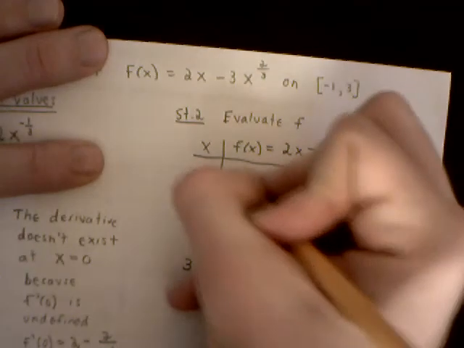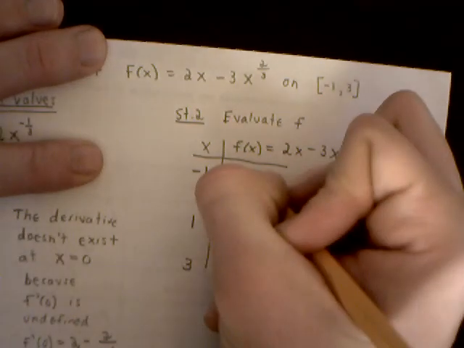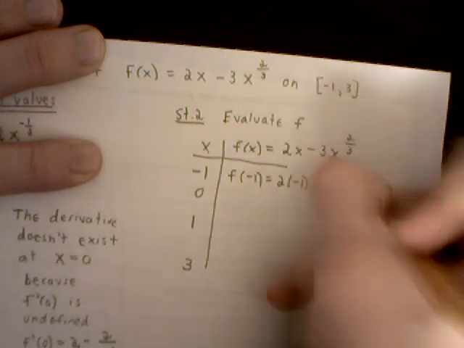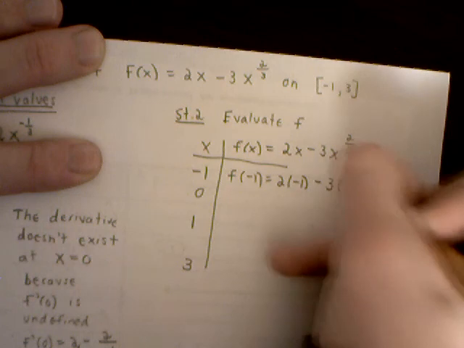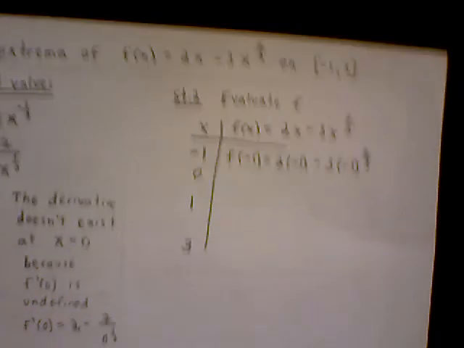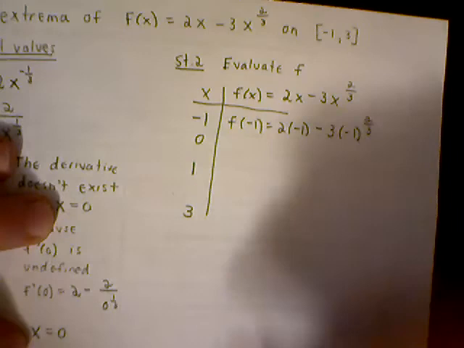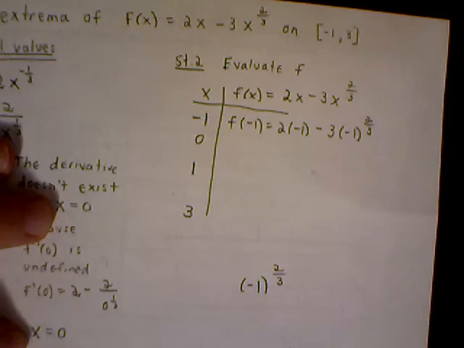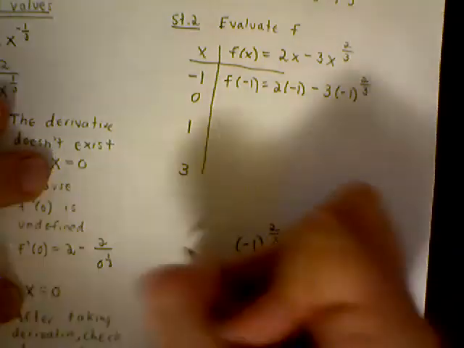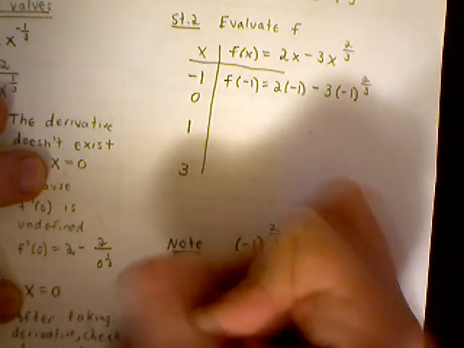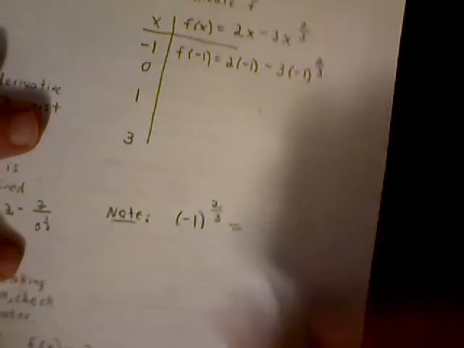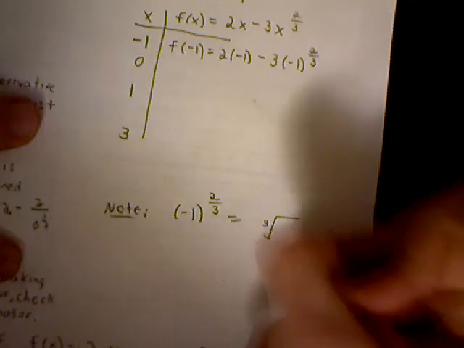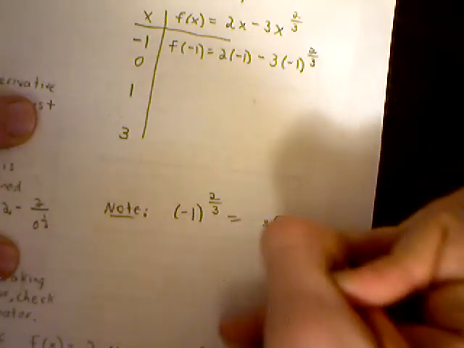We'll have f of -1. It's going to be 2 times -1 minus 3 times -1 to the 2/3 power. I'm just going to evaluate that on the side so you know what I'm doing. When I take -1 to the 2/3 power, this is just a side note, this means that I'm taking the third root, because that's what's in the denominator, of -1 squared.